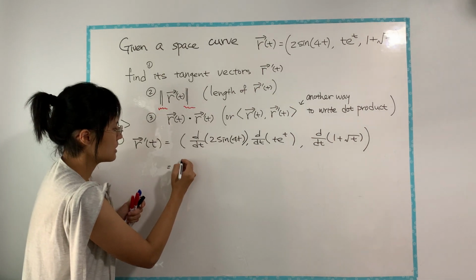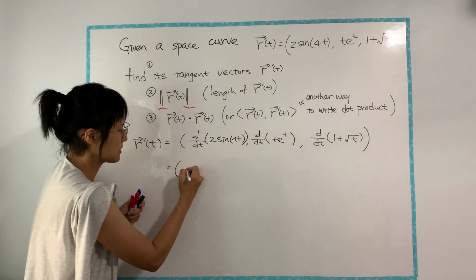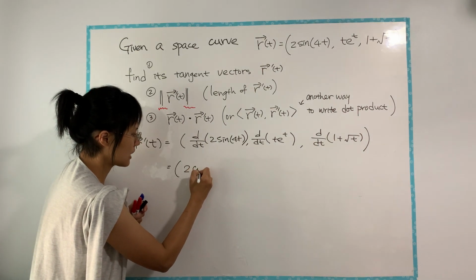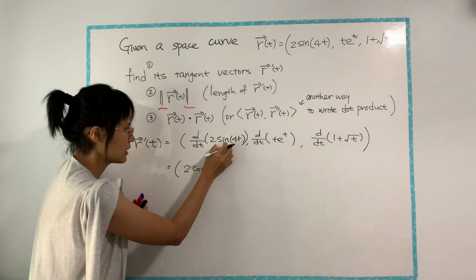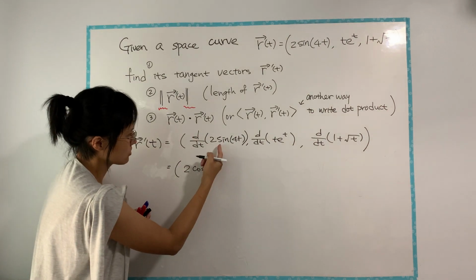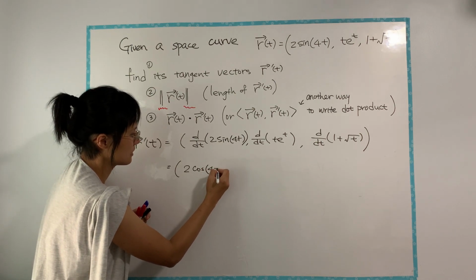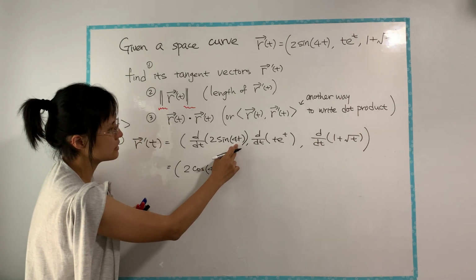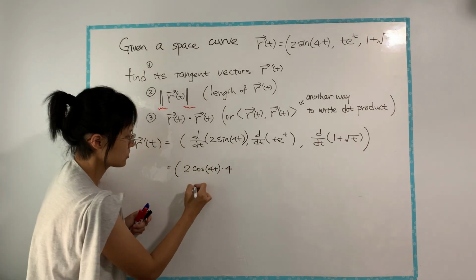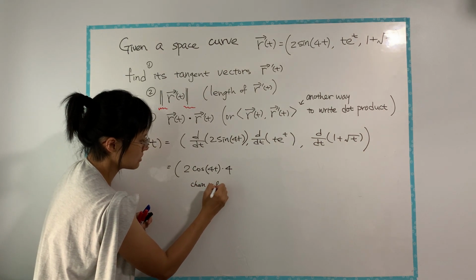In here, I see a constant times a composite function. If I have a constant, I keep the constant there. If I have a composite function, I differentiate the outside function. So the derivative of sine is cosine, and the derivative of the inner function, 4t, is equal to 4. So in here, I use the chain rule.